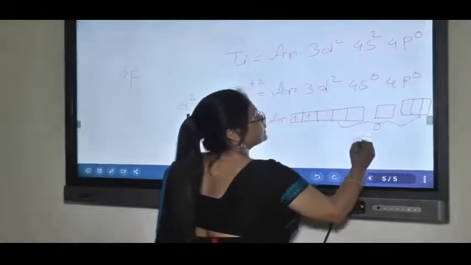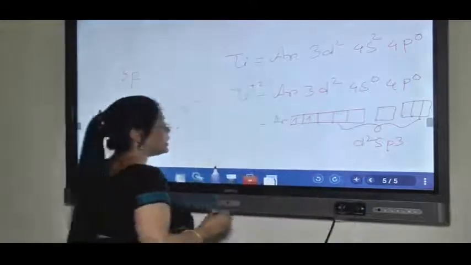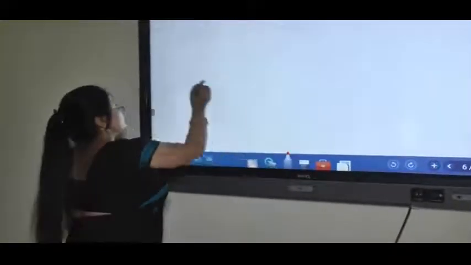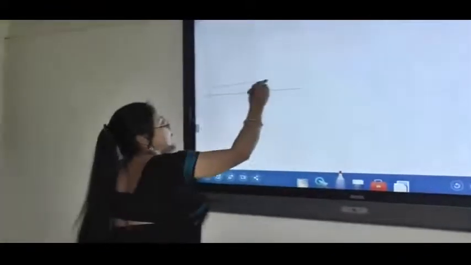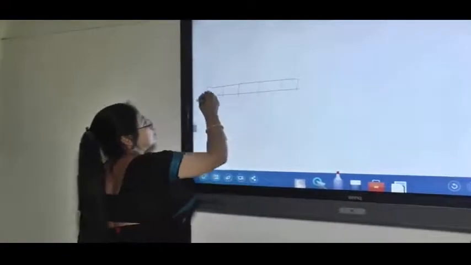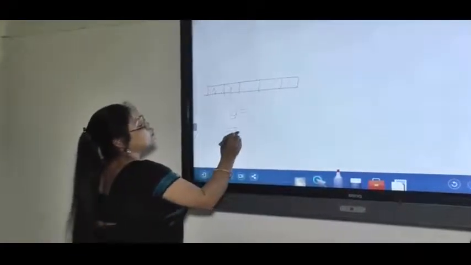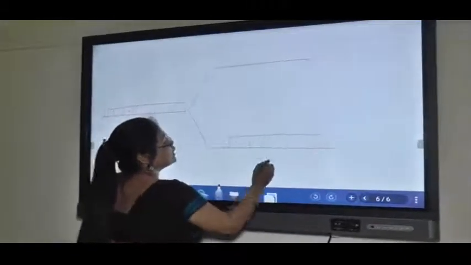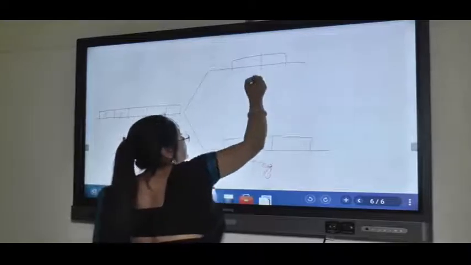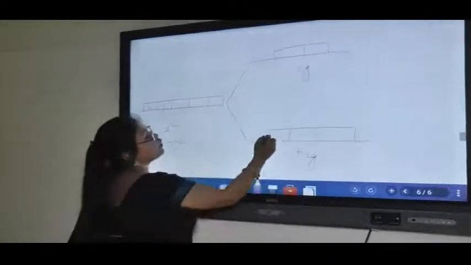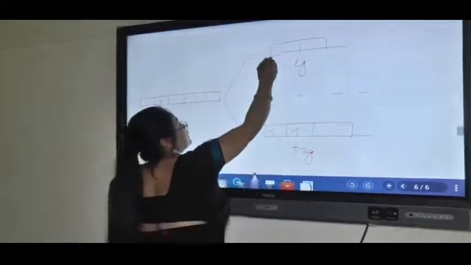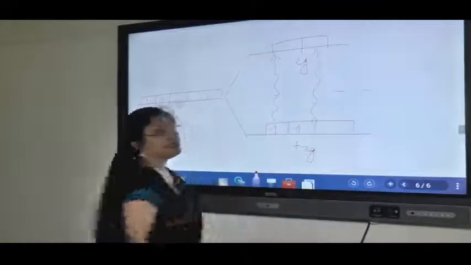So immediately they can go for d2sp3 hybridization, and this will give you an octahedral complex. See, for an octahedral complex of titanium +2 with d2 configuration, in an octahedral field they will undergo a splitting to give you t2g as well as eg levels. These 2 d electrons will now occupy the lower energy orbital, and there can be an immediate transition from this to this.